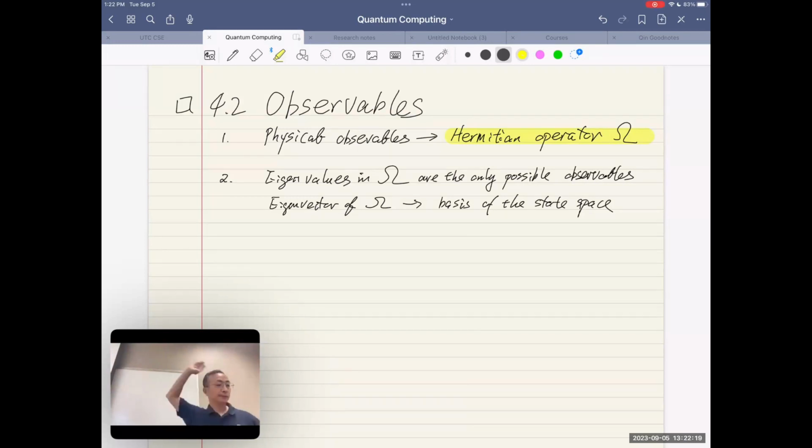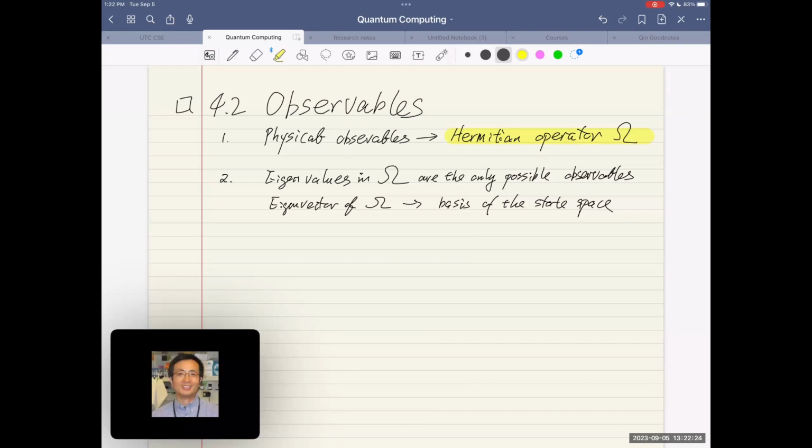The eigenvalues of the Hermitian operator omega are the so-called only possible observables, and the eigenvectors of omega form the basis of the state space. So the Hermitian operator omega is equal to omega's conjugate transpose. A dagger is not easy to write by hand, so using an H is a bit easier.